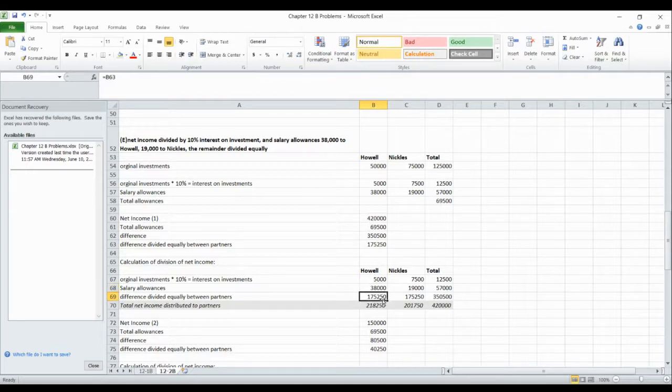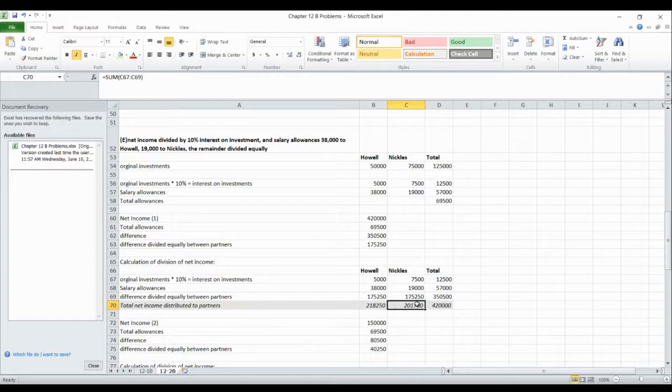And then we split the difference by 2, which came up to $175,250. The total amount of net income that we would distribute to Hal of the $420,000, $218,250 goes to Hal.